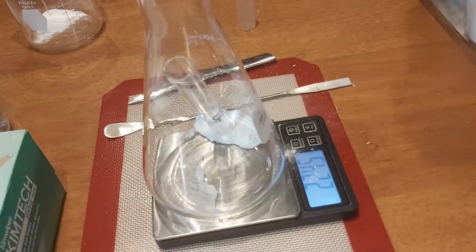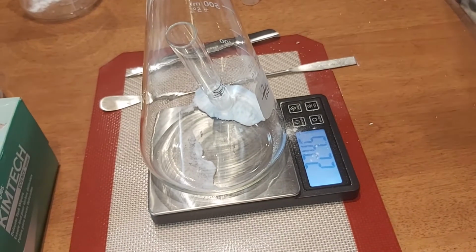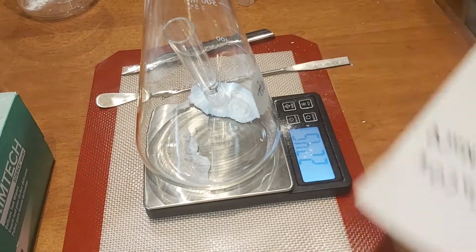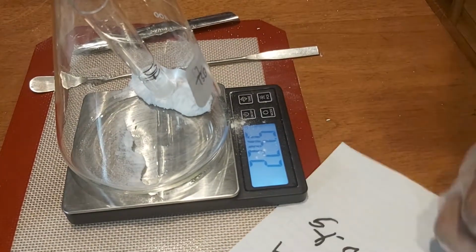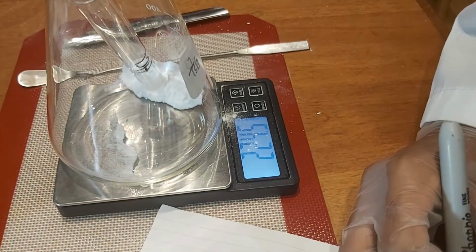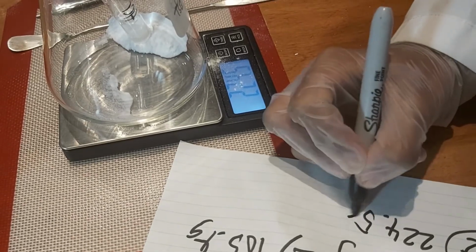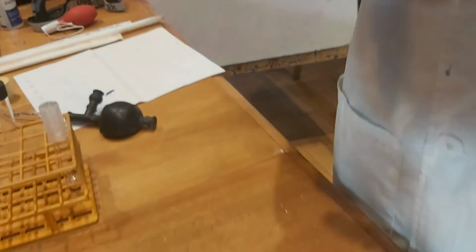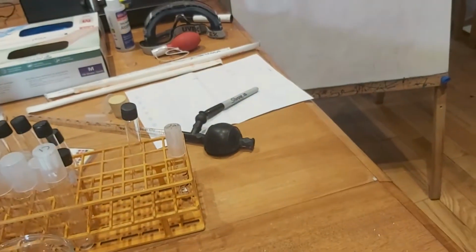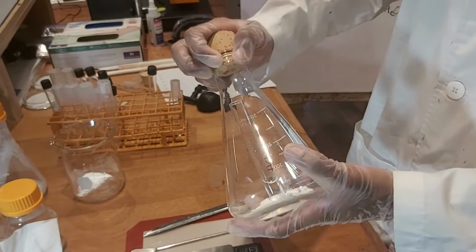So the mass for the second experiment in a closed system is currently 224.5 grams. And then when we mix the substances together, making sure the cork is sealed extremely tightly, we're going to tip this upside down.